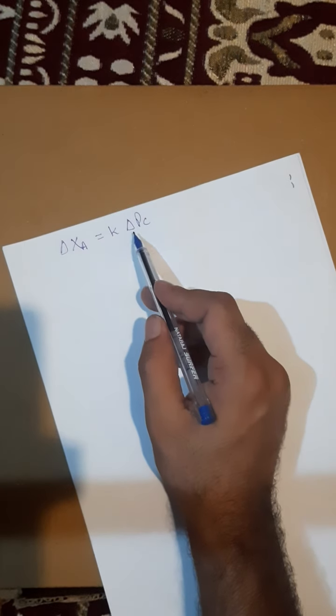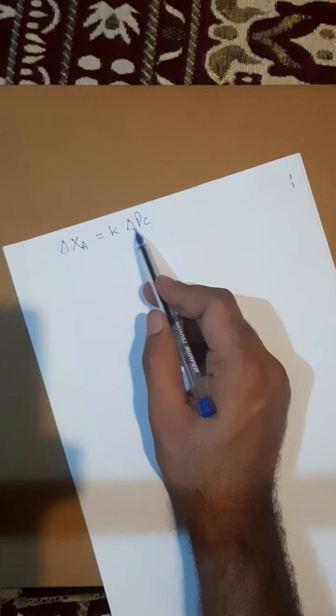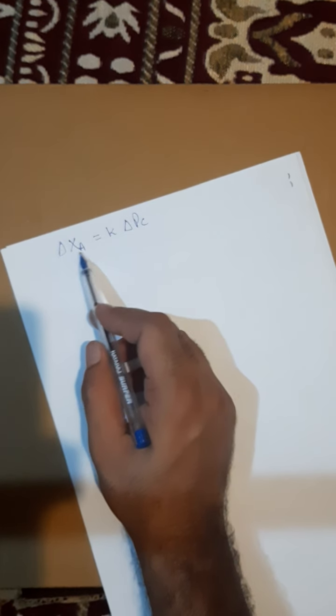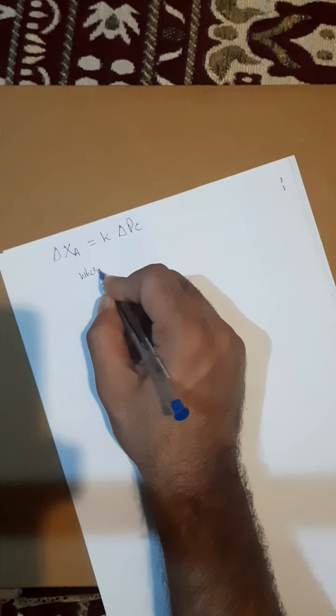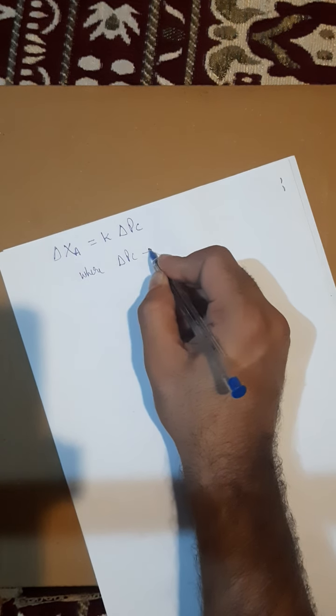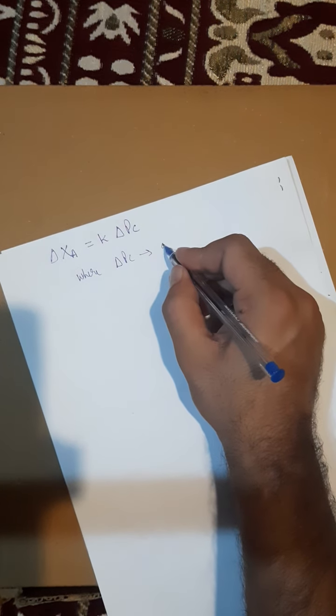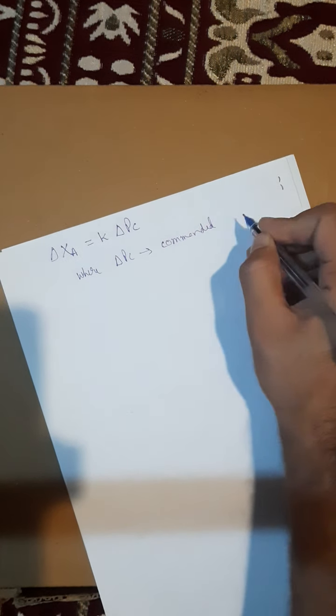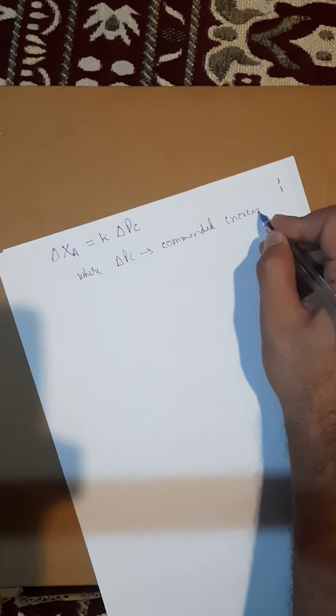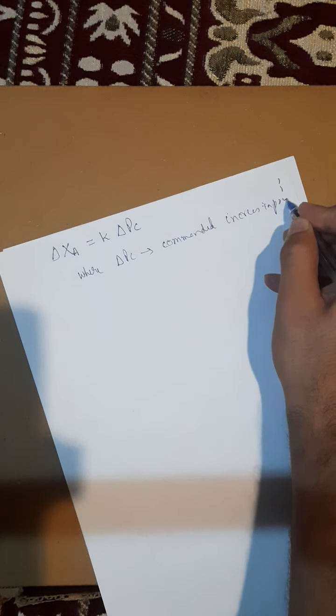Meaning, according to how much power I have to increase or change, I have to change XA accordingly. Where delta PC is the commanded increase in power.